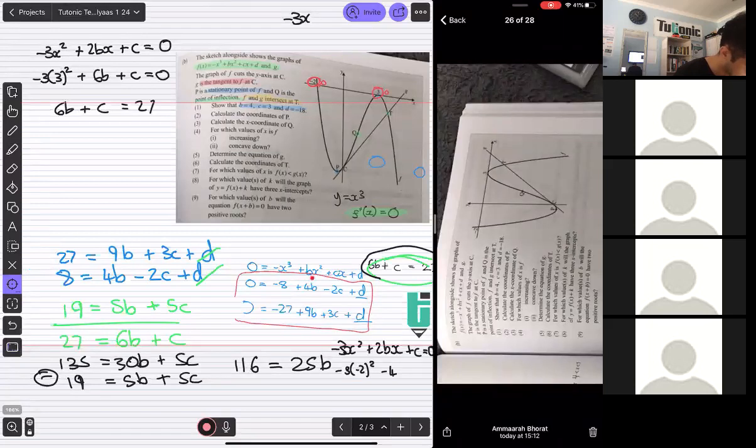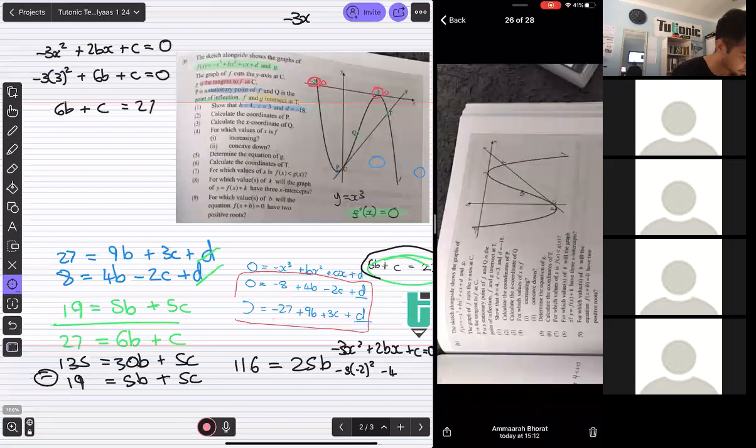Let's just see: minus x cubed plus bx squared plus cx plus d, minus 2 cubed, which is minus 8, minus 2 squared, which is 4b, minus 2c plus d, and then naught equals minus, no, oh yes it is.